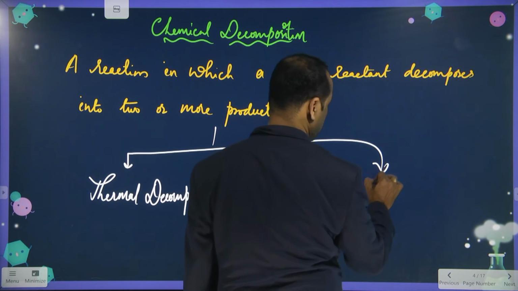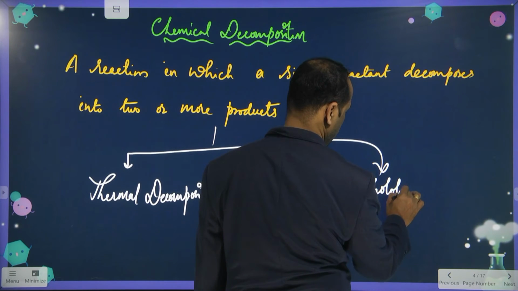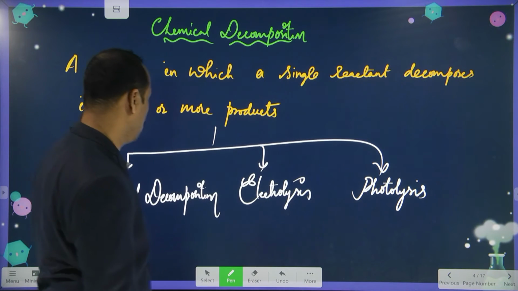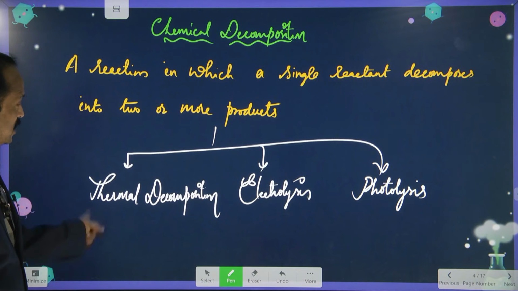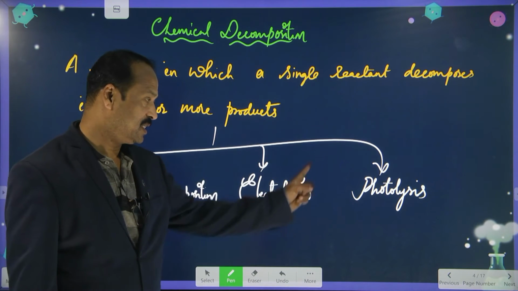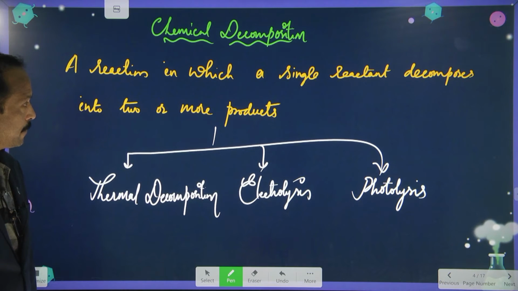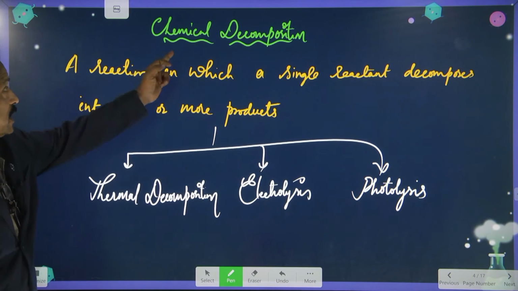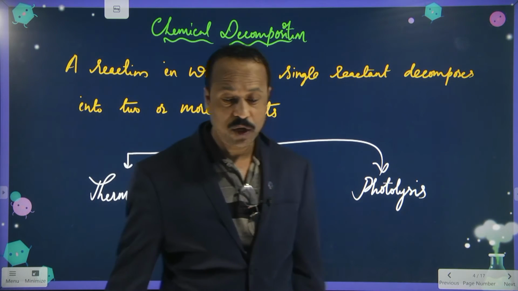And the third one is called photolysis. So chemical decomposition is of 3 types: thermal decomposition, electrolysis, and photolysis. And one important thing here: most chemical decompositions are endothermic reactions.